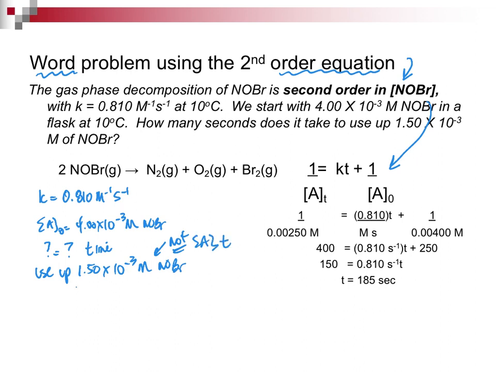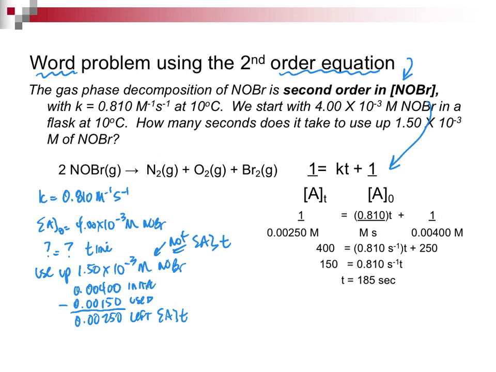We will find that by taking our original concentration. We will subtract from that what we have used. So this is our used. This is our initial, and what we will come up with is how much actually was left. Okay, this was our final, so this would be our concentration at time t.